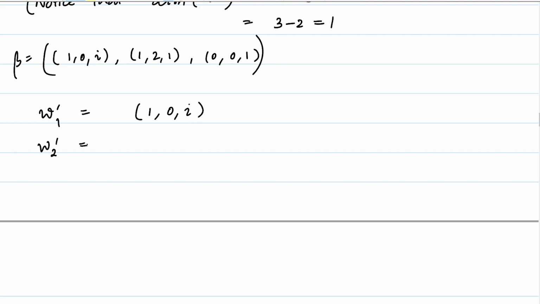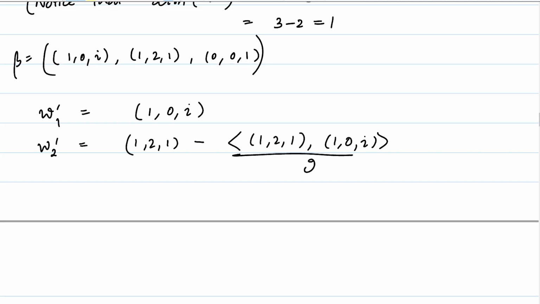W2 prime will be equal to (1, 2, 1) minus the inner product of (1, 2, 1) and (1, 0, i) divided by 2 times (1, 0, i). The quick computation should tell us that this is minus (1 minus i)/2 times (1, 0, i).